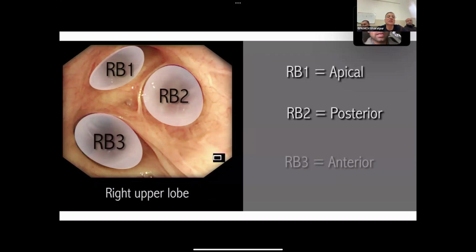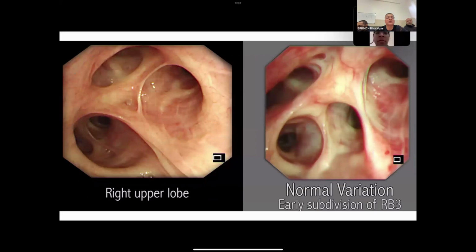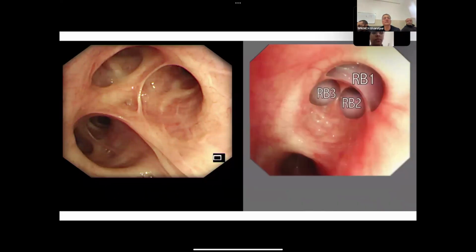As a general description, if we go inside the right upper lobe bronchus, this will be the right B1, this will be the right B2, and this will be the right B3. But this is not always true. Let's suppose this is the C3 and C4 carina.